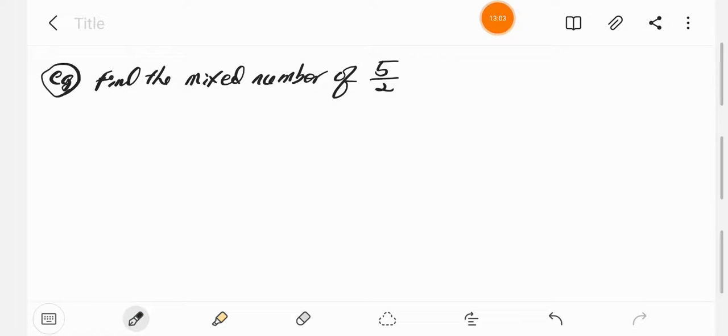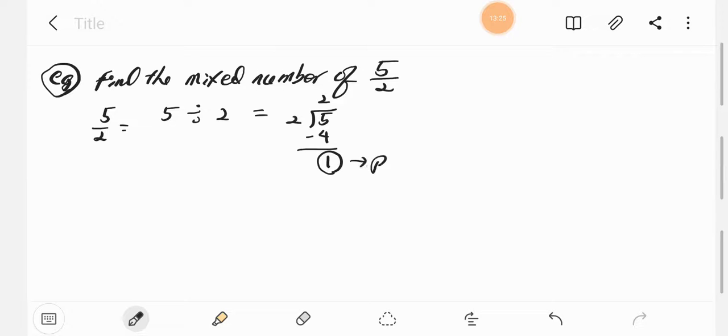Okay, let's find the mixed number of the fraction 5 over 2. 5 over 2 means we are dividing 5 by 2. So let's divide 5 by 2. Then 2 times 2 is 4, and then you do the subtraction, right? Then the remainder is 1.